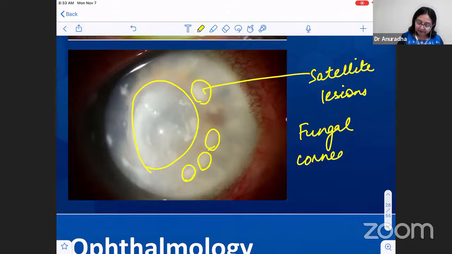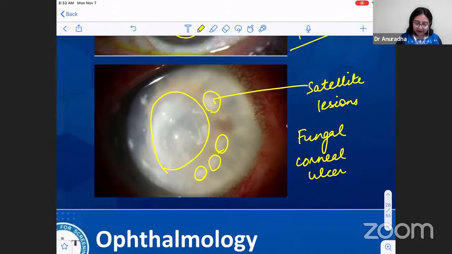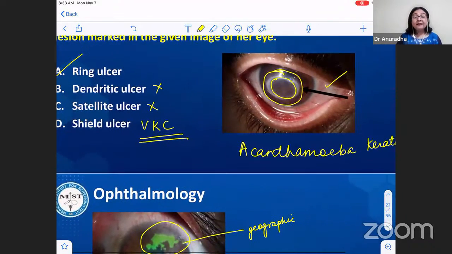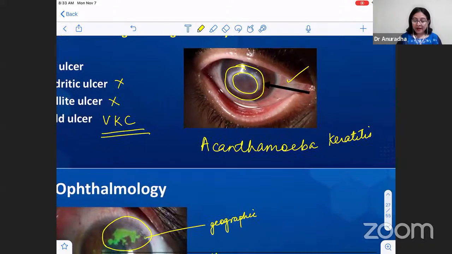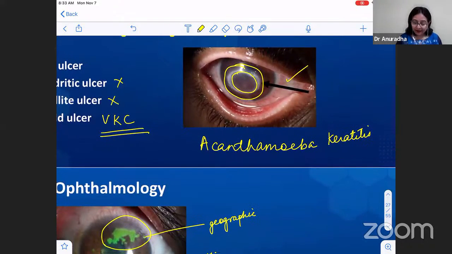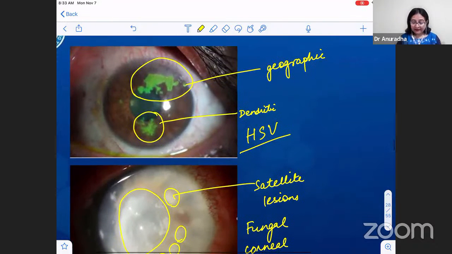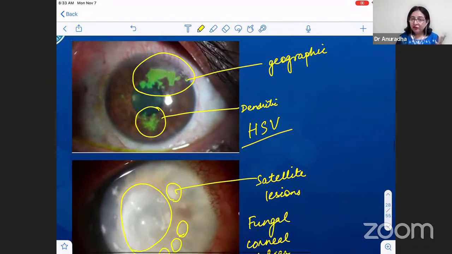Okay. So I have shown you all the images here, beta. If there is a ring ulcer, you can mark the ring ulcer, which is acanthamoeba keratitis. If they show you the dendritic ulcer, you can identify the dendritic ulcer. Geographic ulcer, you can identify.